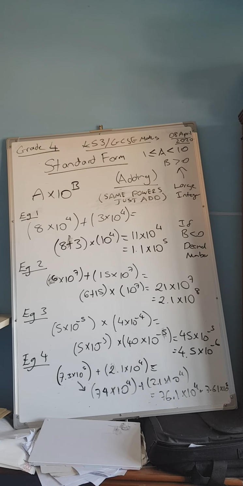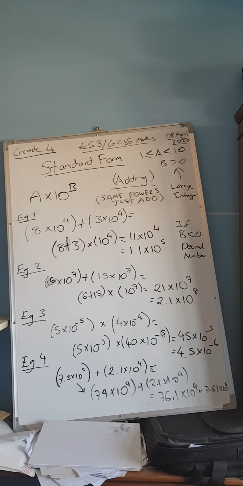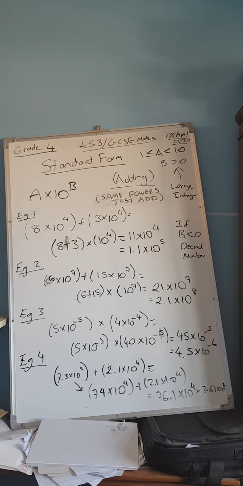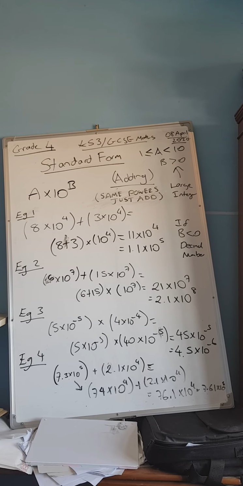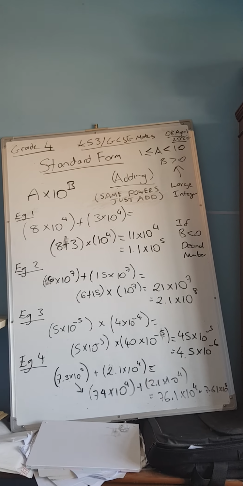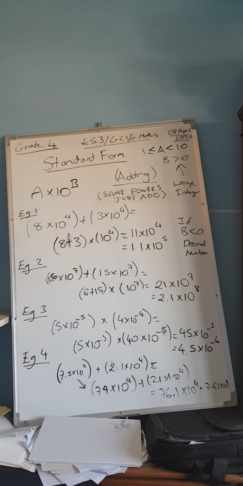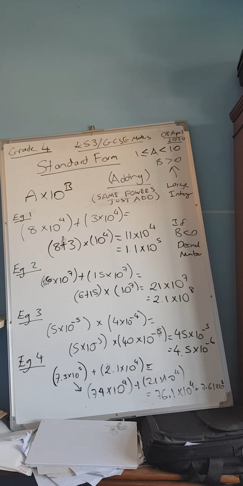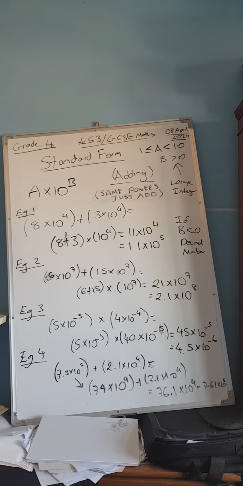It is only when I multiply or divide that I use the rules of indices. There are no rules of indices for addition and subtraction in standard form. So if it's the same power, we just add the numbers. If it's different powers, then we have to adjust it so the powers are the same, which I'll come on to in a second.